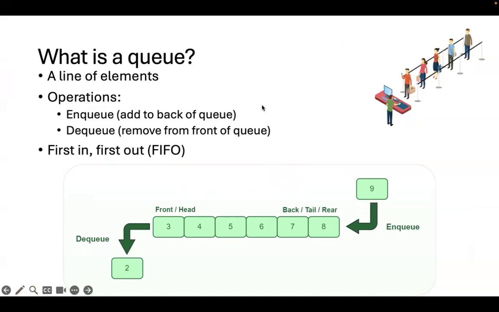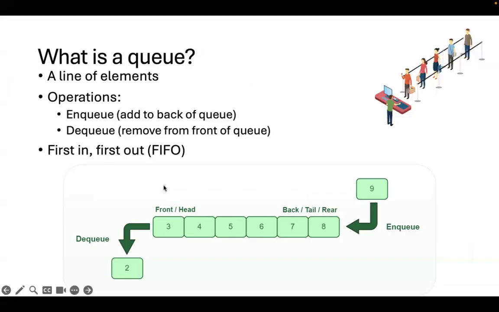But the idea is that a queue is just a line of things where you can get in line so that the operation is enqueue. So that's like the person, if this is the teller at the grocery store, then to enqueue, we just get in line. And then to dequeue, then the person at the front of the line is like, oh, the teller is open. Let me go and check out and get my groceries.